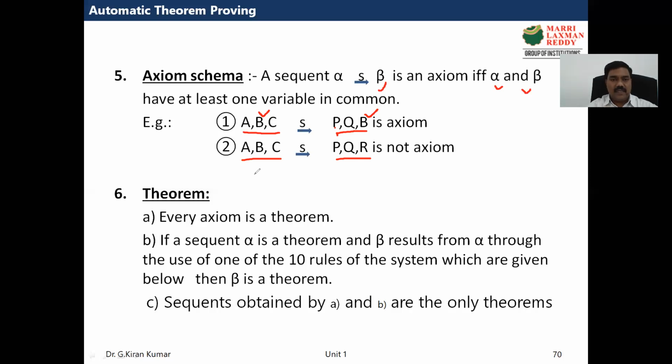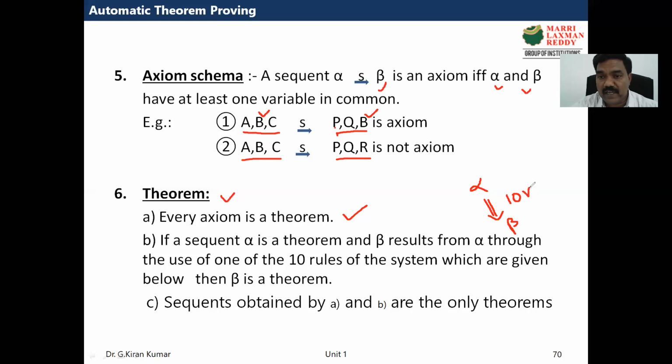Next, theorem. So basically, what does theorem mean? Every axiom we call a theorem. Just now we discussed what an axiom is. So every axiom is a theorem. Then the second point, please see. If alpha is a theorem and beta is derived from alpha by applying the following 10 rules, we'll be discussing the 10 rules in the next video.